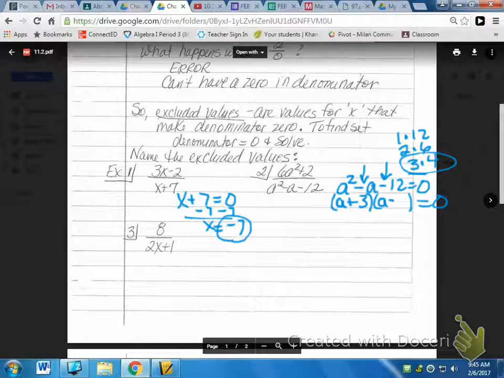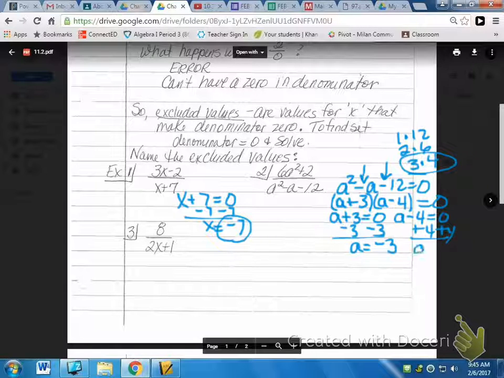Good job. So now I set each one of these equal to 0 and solve them. In this case, there are going to be 2 excluded values. Your excluded values are negative 3 and 4. Yes?